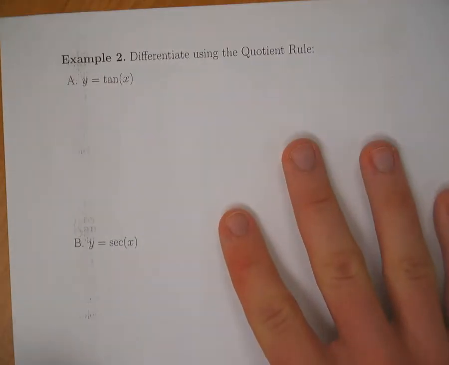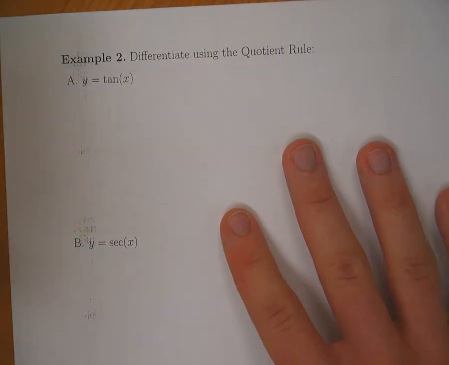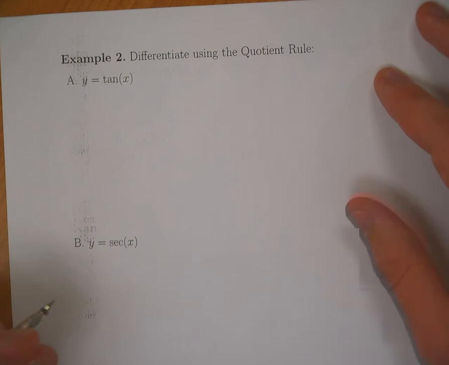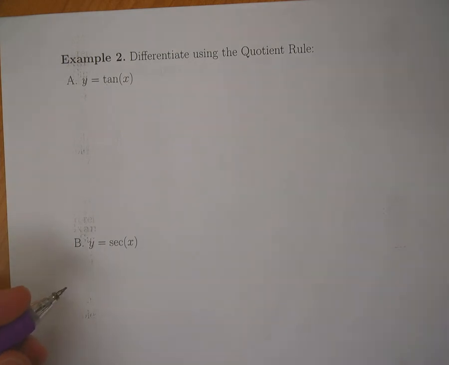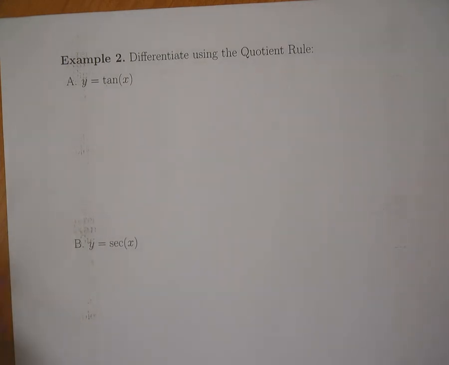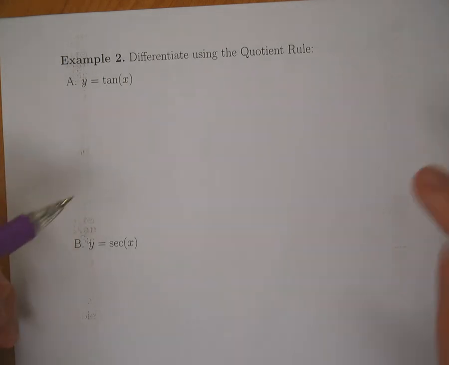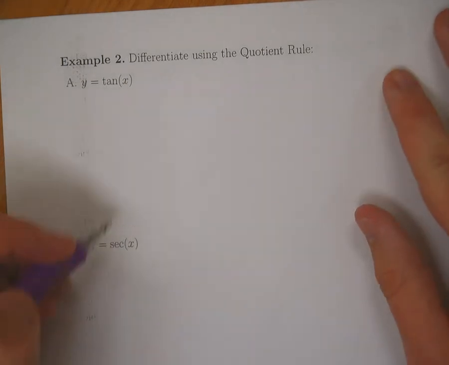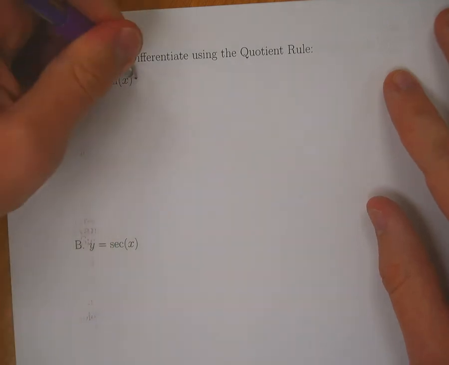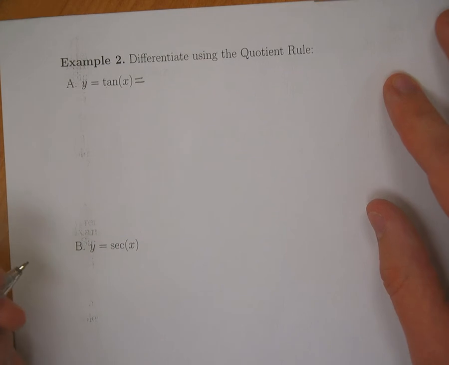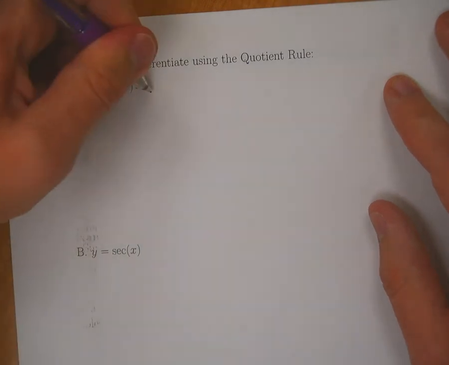Alright, so example 2, we have to differentiate tangent and secant using the quotient rule. Now, if you just look at these by themselves, you might think it doesn't really seem like we can just use quotient rule here. But it turns out we can if we rewrite these two trigonometric functions as what? So starting with tangent of x, we can write this as what?